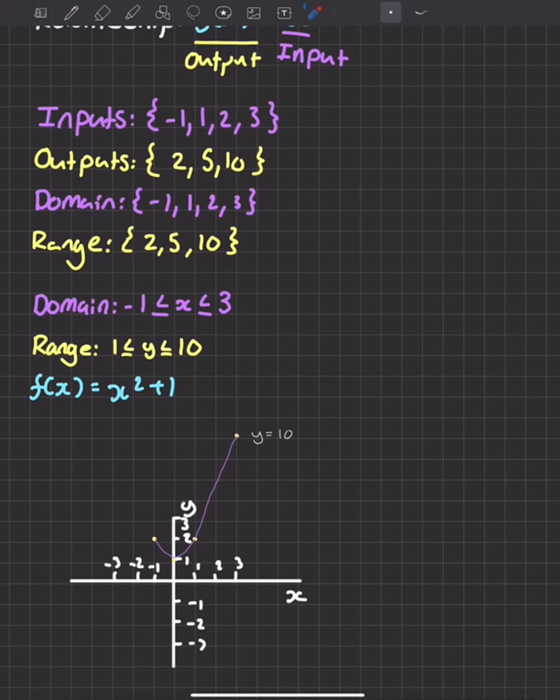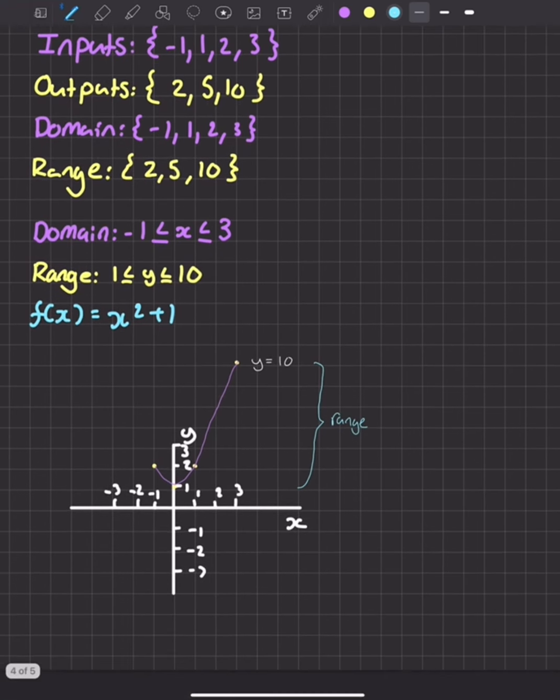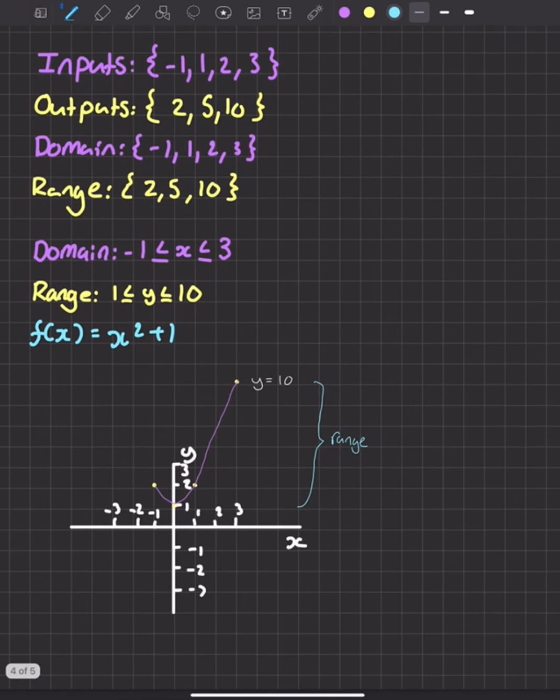And you can see this here where the smallest value is 1 and the largest value is at 10. And your domain is -1 to 3, right? So your smallest value is at -1, largest value is at 3. And this is how you display a function in a graphical manner.